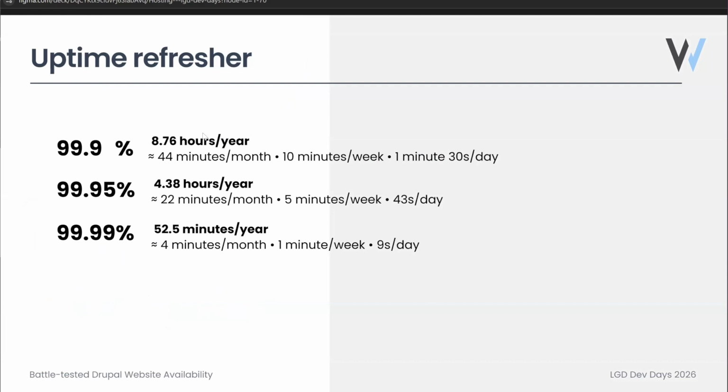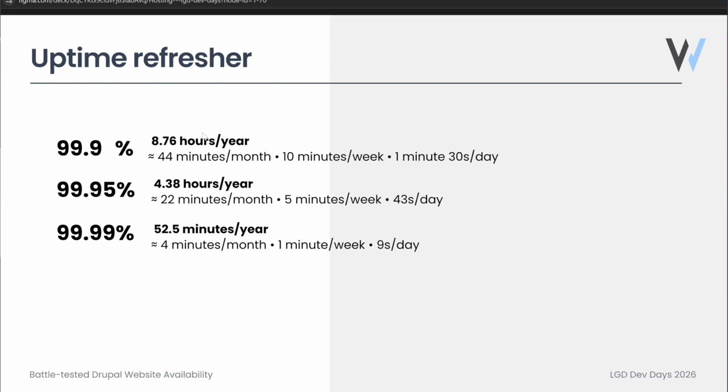But percentages are really not good for expressing what this means in real terms. So it's always helpful, I find, to go back and look at what sort of time frame each of these corresponds to.